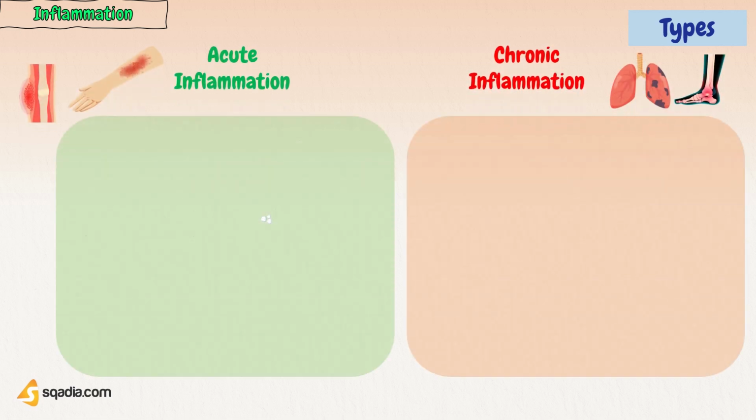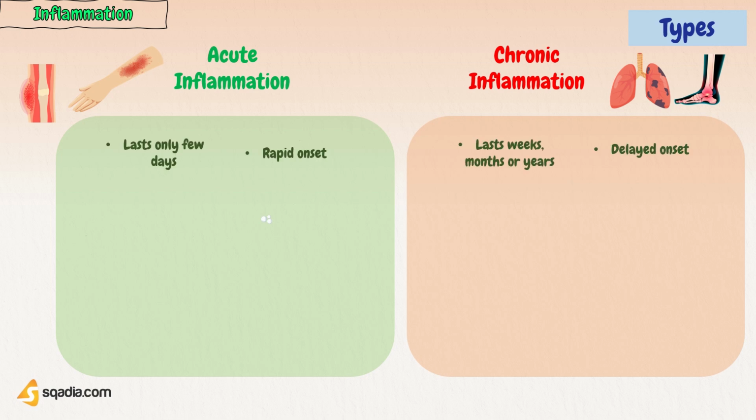Inflammation is divided into 2 types, acute inflammation and chronic inflammation. Acute inflammation typically lasts only a few days, but its onset is rapid. While chronic inflammation typically lasts weeks, months, or years, or even an indefinite period, and it has a slow or delayed onset.